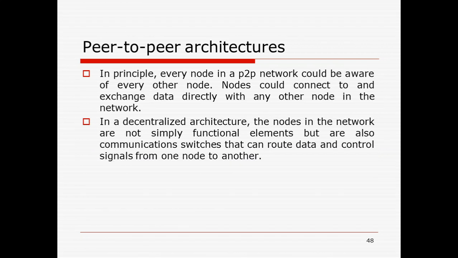In a peer-to-peer architecture, every node is aware of every other node, where they exist and how they work. Nodes can connect to and exchange data directly with any other node in the network, because information is passed very frequently among the peer nodes.